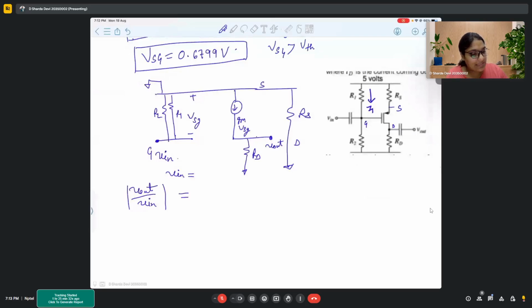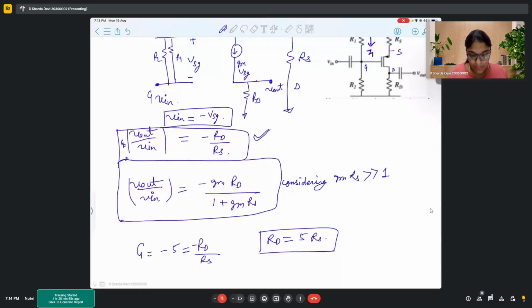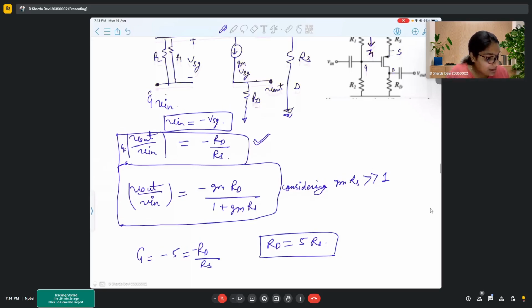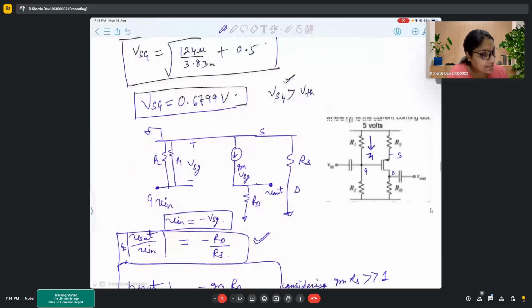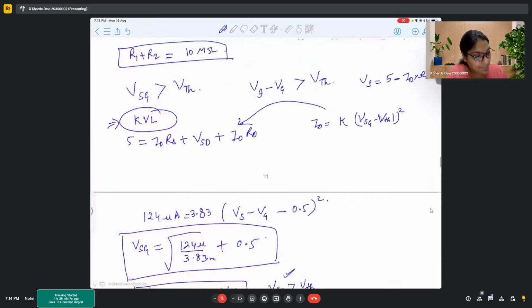So this is the gain that we know, and it is given that the gain is minus 5, which is RD by RS. So RD is 5 times RS.